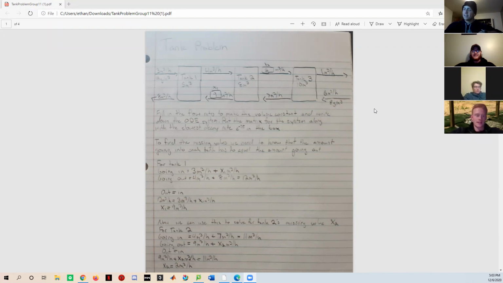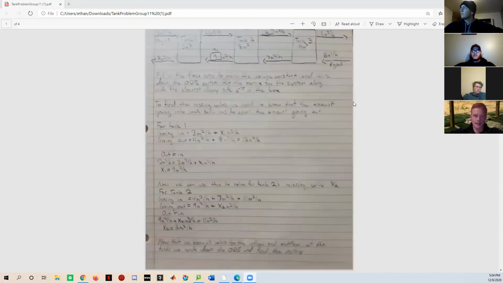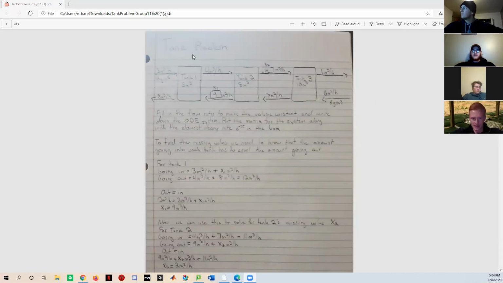To really get a hold on this tank problem, we first have to fill in the blank slots in the inflows and outflows of these tanks. For the first tank, we have to match the flow out of the tank with the flow into the tank so we keep a constant capacity.